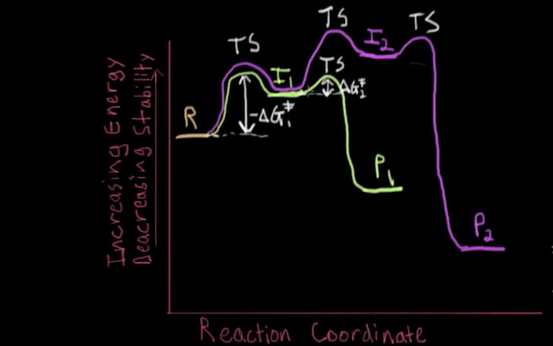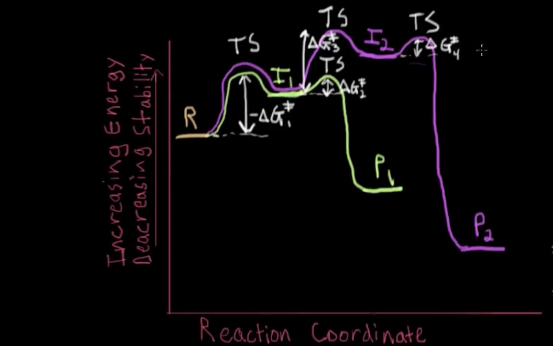And then to get to our second product, we go through a different set of these activation energies, or delta G double crosses. We do go through delta G double cross 1, but then we go up higher to, let's call this delta G double cross 3, and then we have delta G double cross 4.